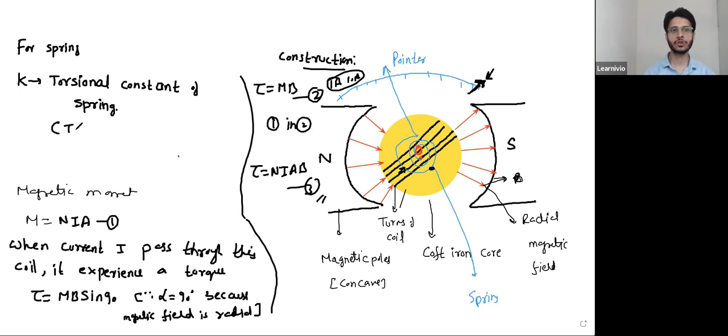Torsional constant means torque per unit twist. Not just torque, but it's restoring torque.